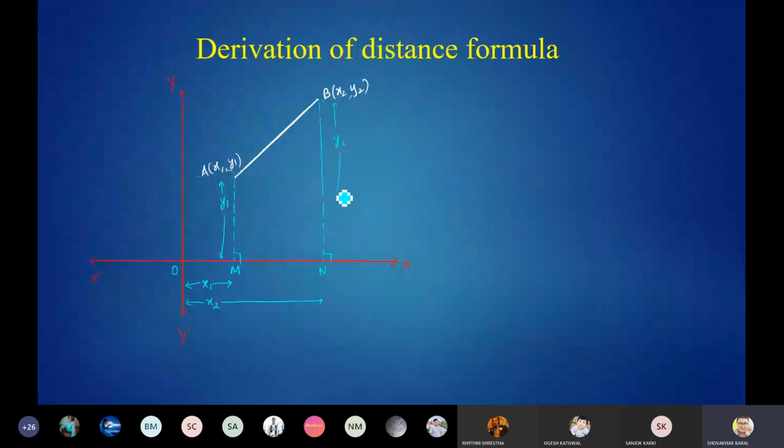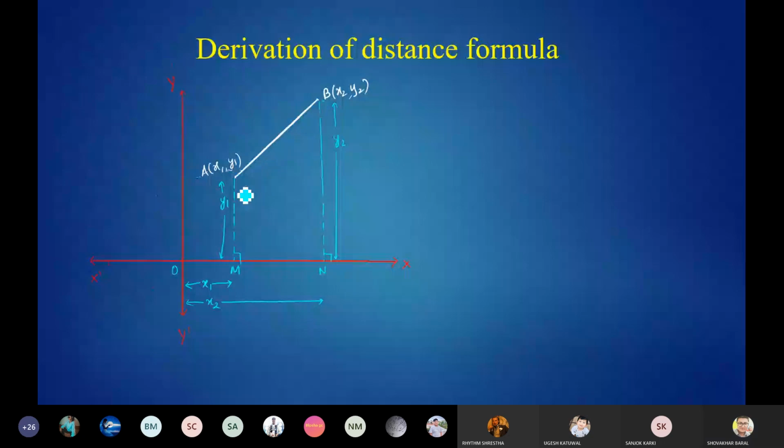I am just taking the reference of the coordinates. But our main purpose is to find the distance between AB.